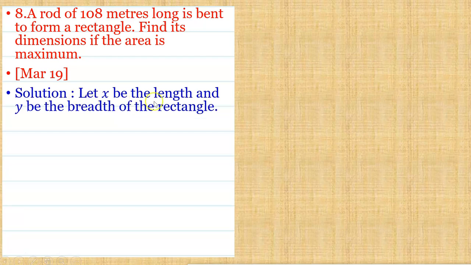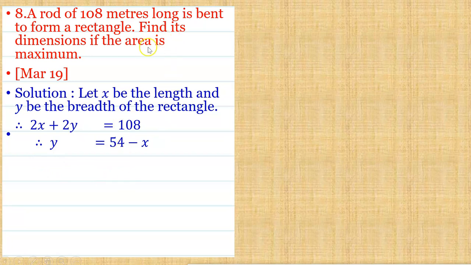How is the solution? Let x be the length and y be the breadth of the rectangle, and we know this is nothing but the perimeter. That is 2 in bracket x plus y is equal to 108, and if we simplify this, you will get 2x plus 2y is equal to 108, and if we divide both sides by 2, you get x plus y is equal to 54, and therefore y is equal to 54 minus x.